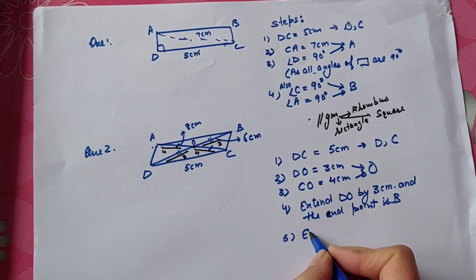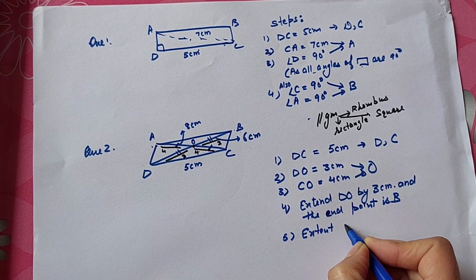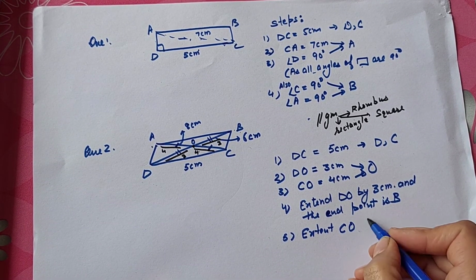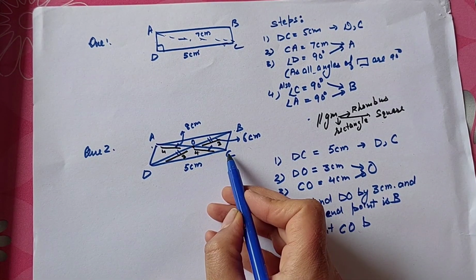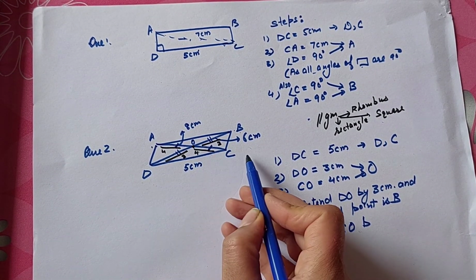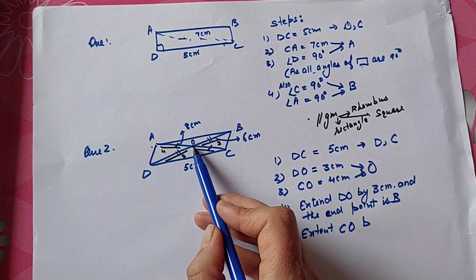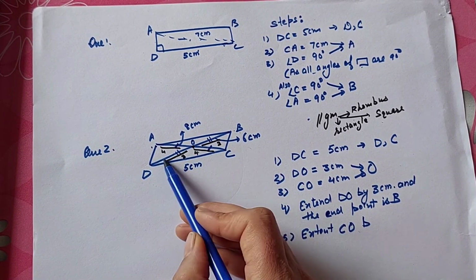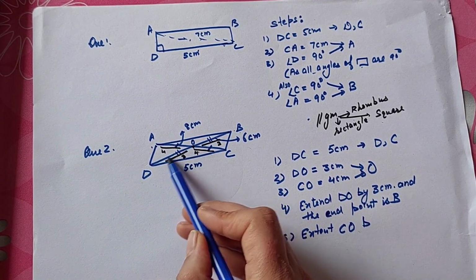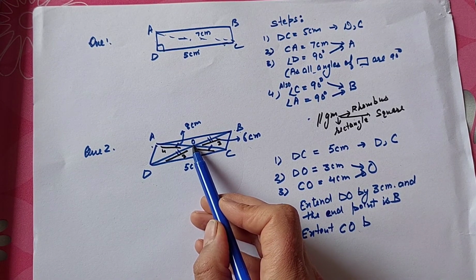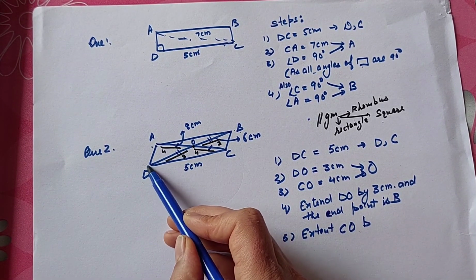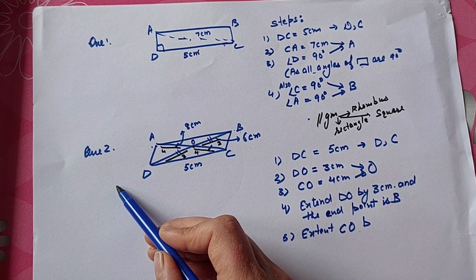Similarly, extend CO. We always say extend CO because we have to extend it in that direction. We do not call it extend OC. Similarly, here we do not say extend OD by 3 centimeter. If it were so, then OD would be extended in this direction, and you don't want to extend it in this direction.